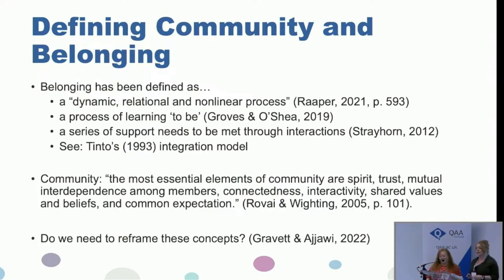And it's also been understood as a series of needs to be met through interactions with others for students. Research considers what these needs might be and how they might vary among students. A lot of these current definitions have been significantly influenced by Tinto's integration model, which highlights that belonging occurs in two forms, academic and social belonging, and closely links belonging to retention, so continuation on the programme of study is more likely if students feel that sense of belonging across these different domains.